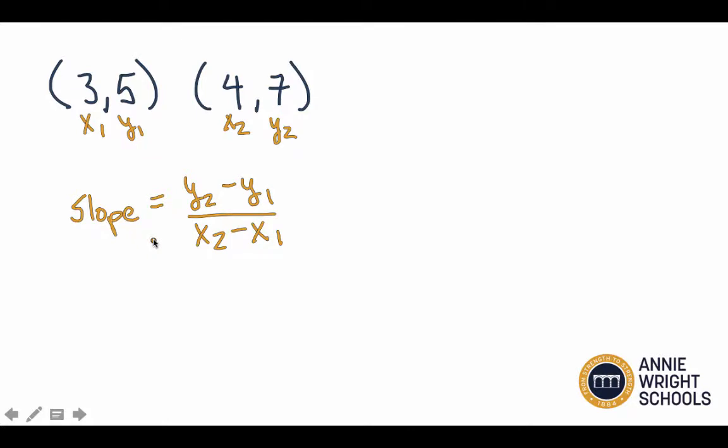So now I'm just going to use the labels I have here. Y2 is 7, and I would subtract 5. X2 is 4, and I would subtract 3. And I would get positive 2 over 1, which is 2.